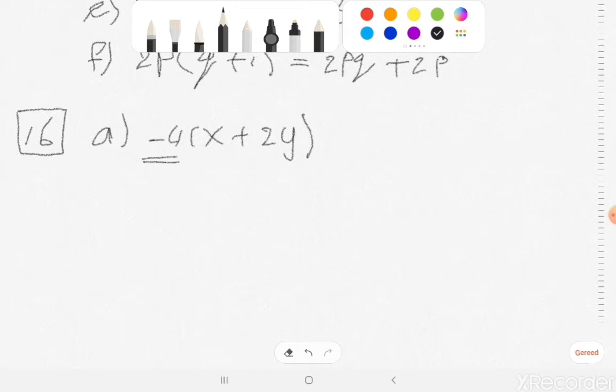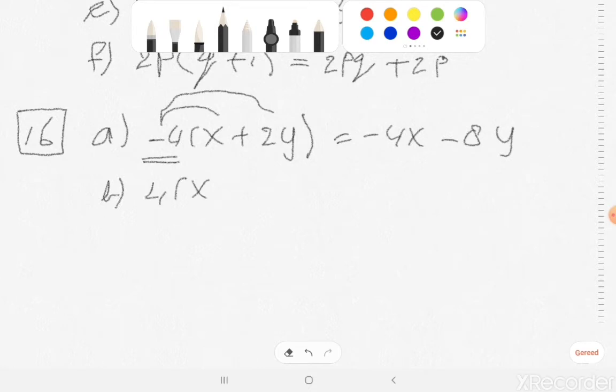So minus 4 multiplying with x is minus 4x. Minus 4 multiplying with 2y, negative times positive is negative 8y. And that's the answer.